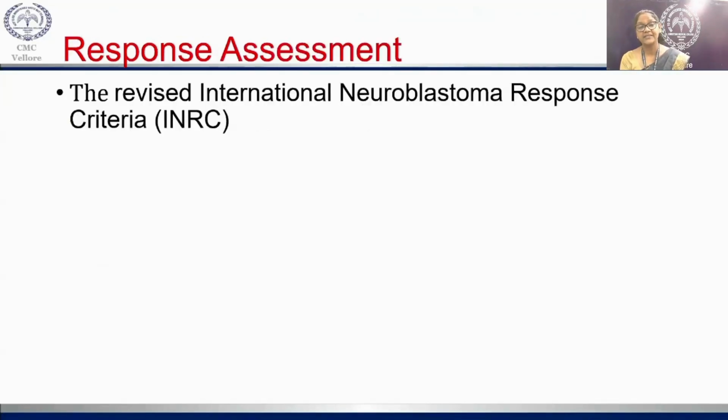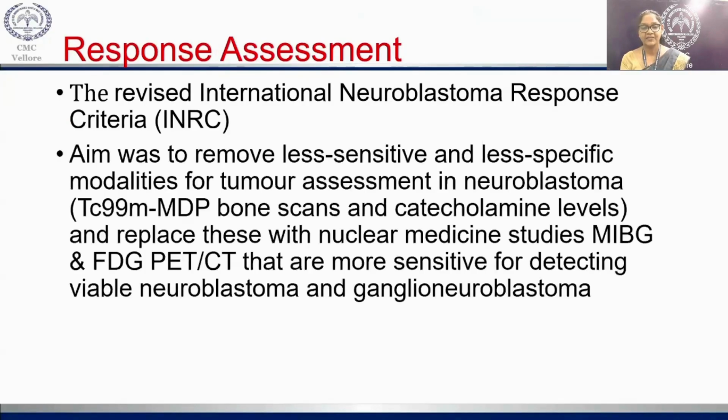So coming to the revised international neuroblastoma response criteria, the aim of this criteria was to remove less sensitive and less specific modalities for tumor assessment in neuroblastomas, such as MDP bone scans and catecholamine levels, and replace these with nuclear medicine studies such as MIBG and fluorodeoxyglucose PET-CT, which are more sensitive for detecting viable neuroblastoma and ganglioneuroblastoma.